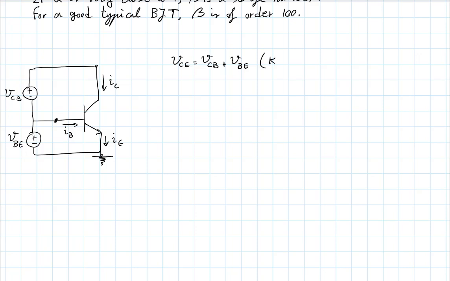This is just KVL. And IE is simply IC plus IB. This is KCL. So these are things that you know in this device. This is what the characteristics look like.